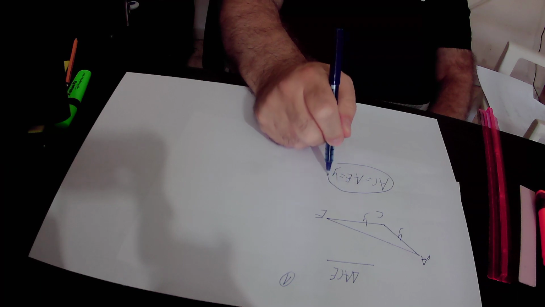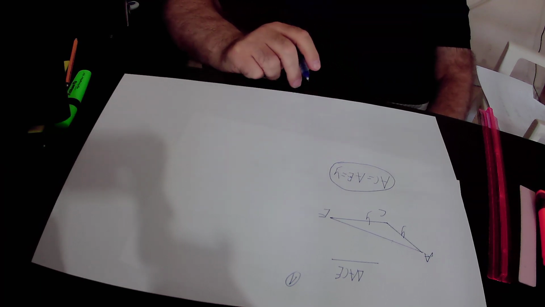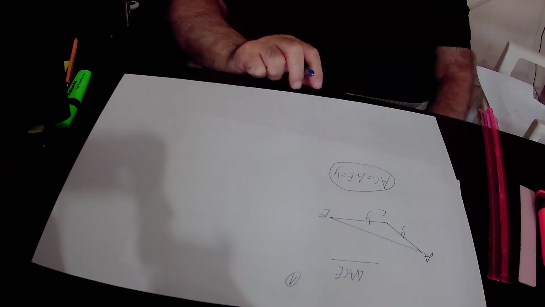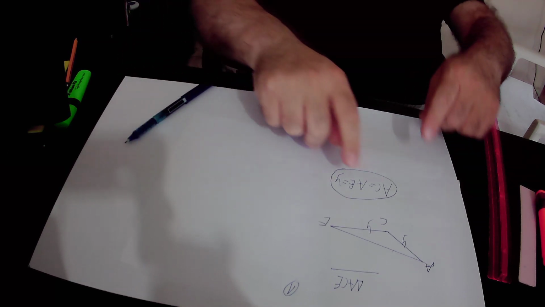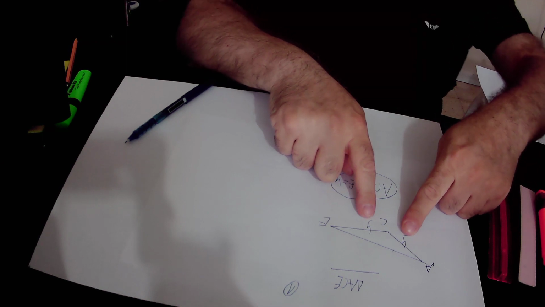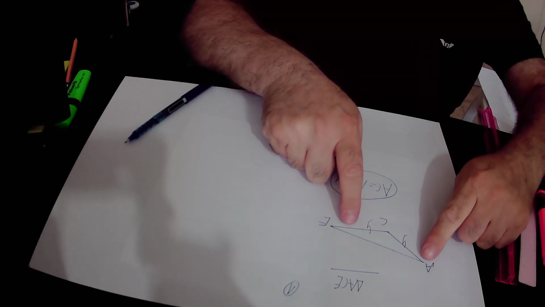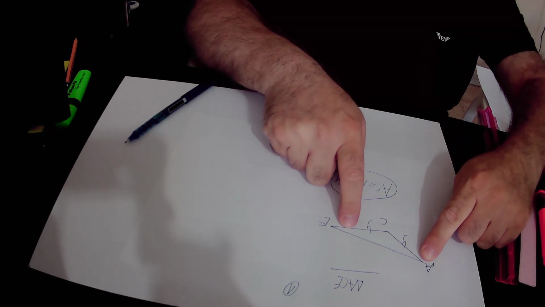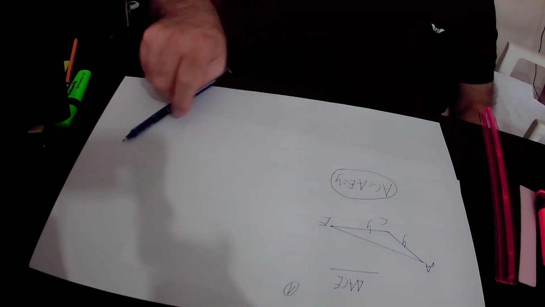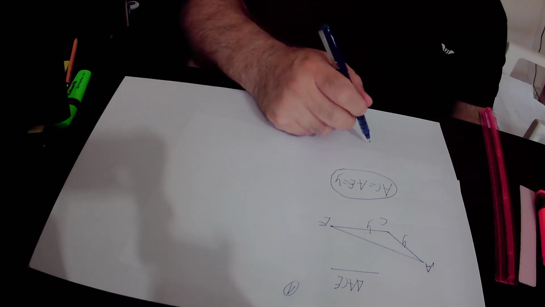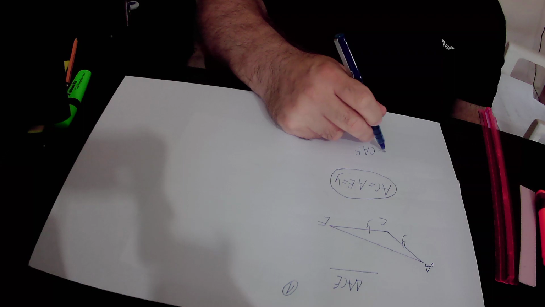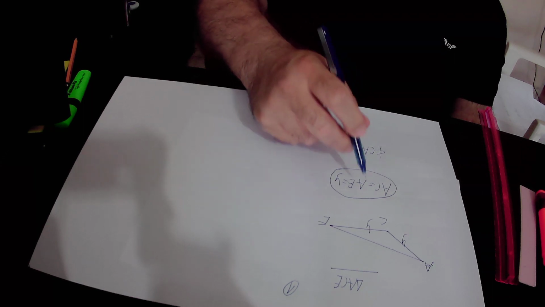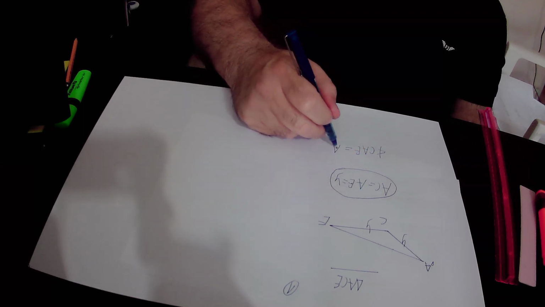And here we have the rule that in front of equal sides in the triangle there are equal angles. So in front of those two equal sides there are equal angles. That is to say, those two angles that are located in front of the equal sides must be equal to each other. So here angle CAE must be equal to angle AEC.